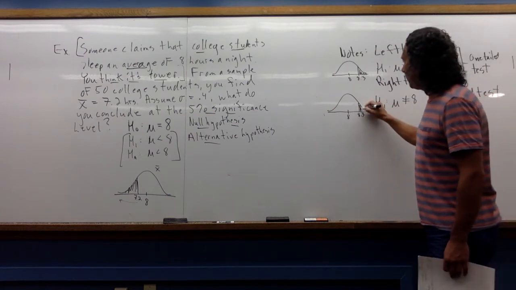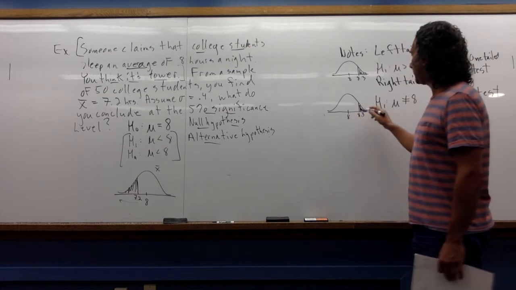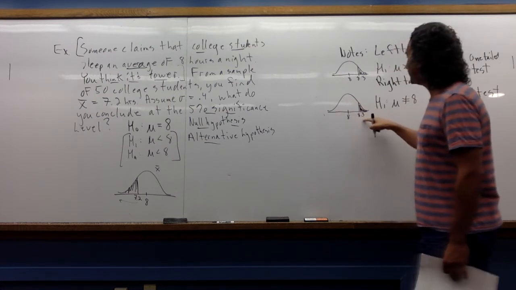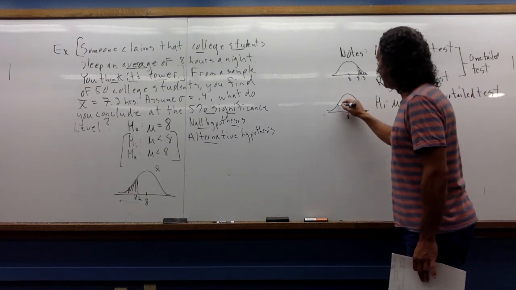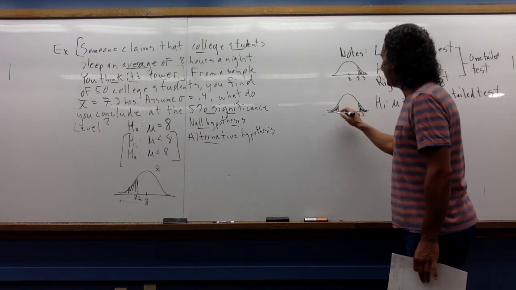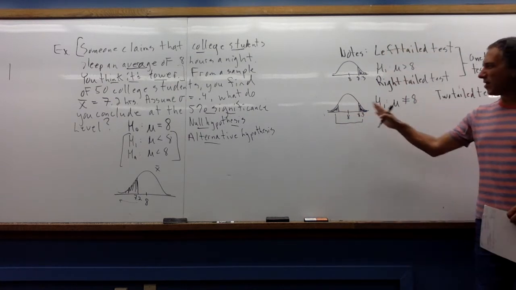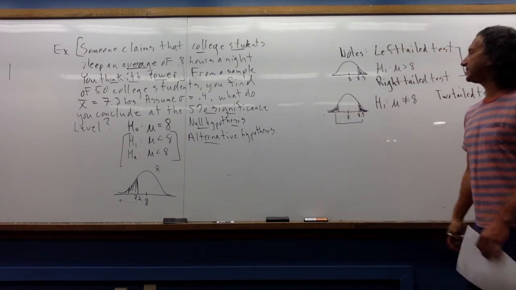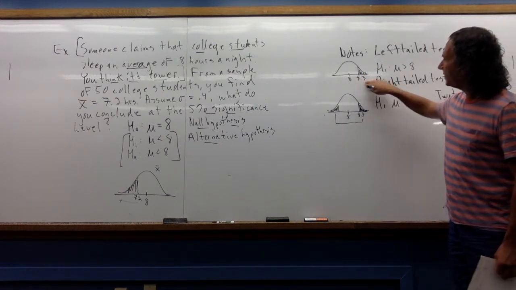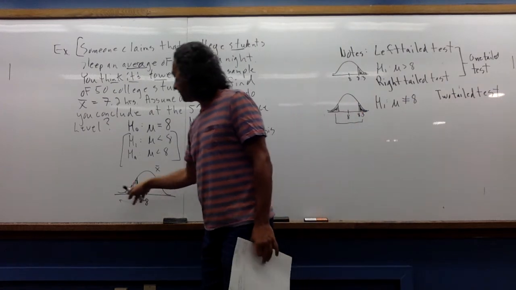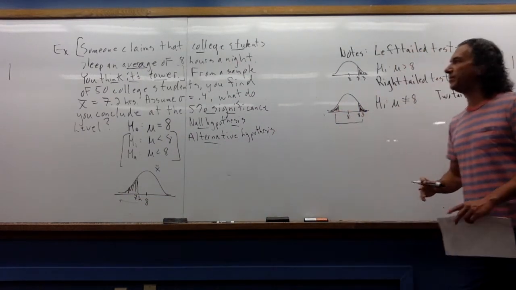But basically, we would reject if this probability is too small, but we have to take into consideration this side in some regard. And we'll talk about that in a couple of minutes. Here we're concerned whether this is too small. Here we're concerned whether this is too small. Here we're going to do some sort of symmetric computation.